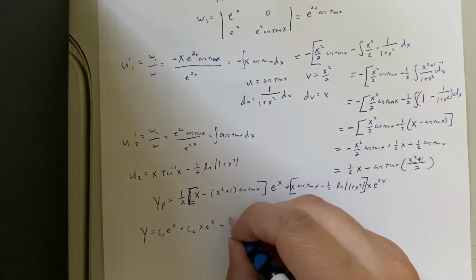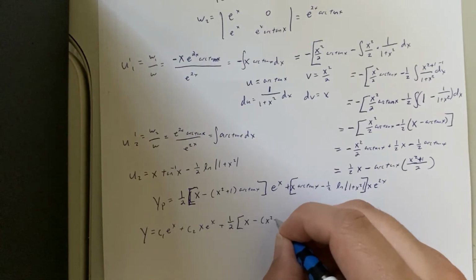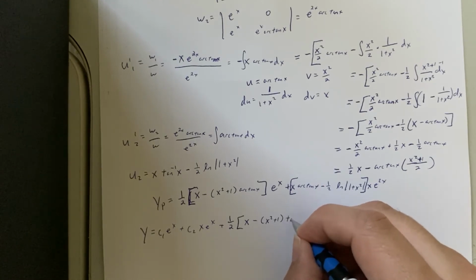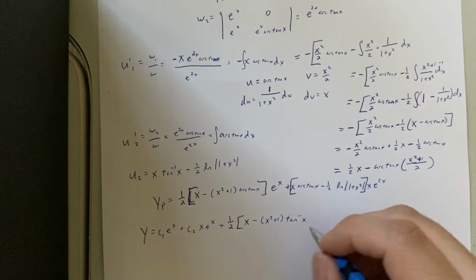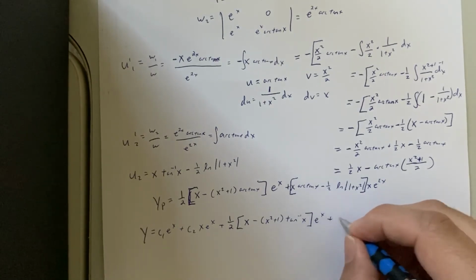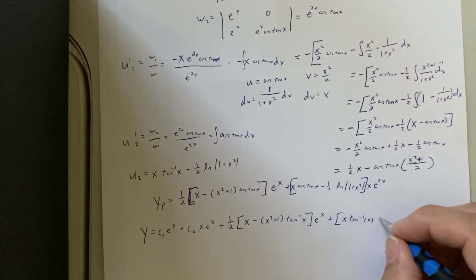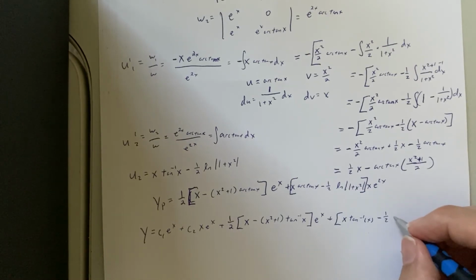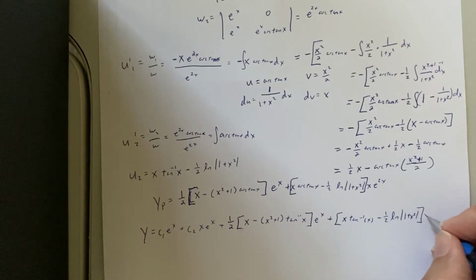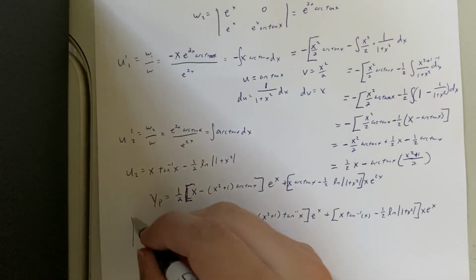I'll just write it how it is. 1/2 x minus x squared plus 1, I'm going to say inverse tangent because they're the same, x times e to the x plus x inverse tangent of x minus 1/2 natural log 1 plus x squared times x e to the x. And there's your solution to that differential equation.